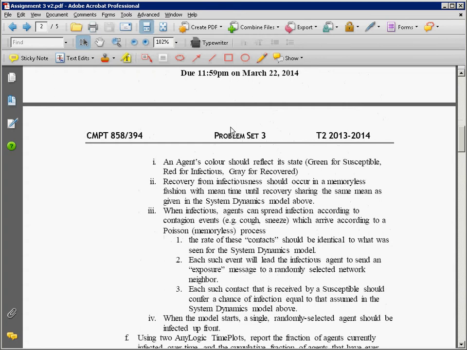What I'm asking you to do is to separate conceptually how many connections they have on the one hand from how many contacts they have via those connections on the other. A person might have 10 connections to other people, but only one contact per unit time through those connections. Alternatively, they may have one connection to another person but have one contact per unit time, and it's always occurring with respect to that person.